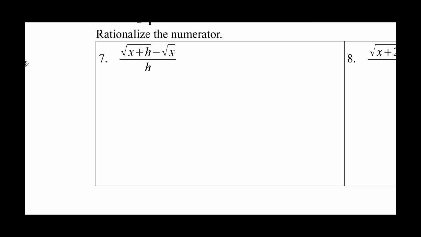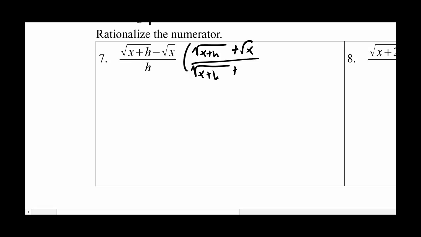All right, normally we want to rationalize the denominator, but on occasion we'll be asked to do the opposite. So rationalize the numerator. This still involves multiplying by the conjugate. So in this case, that would be the square root of x plus h plus the square root of x. And we'll do that on both numerator and denominator. Let's multiply by 1. And so this time the difference of two squares process shows up in the numerator.